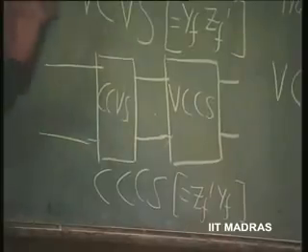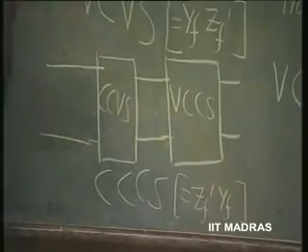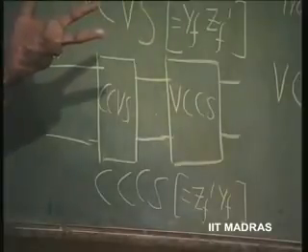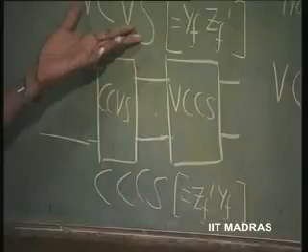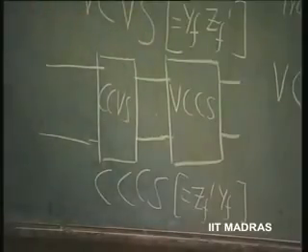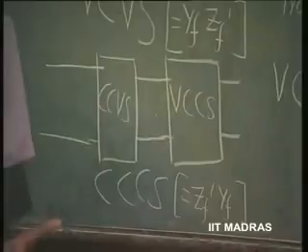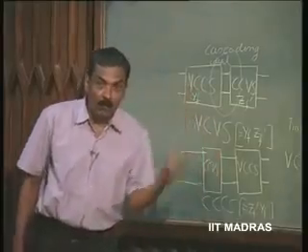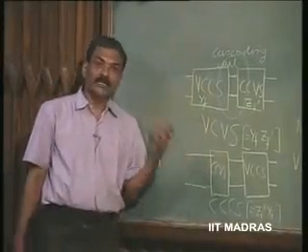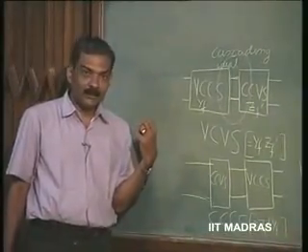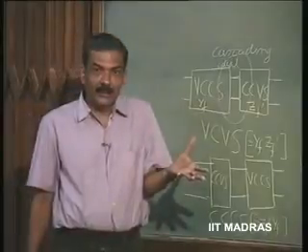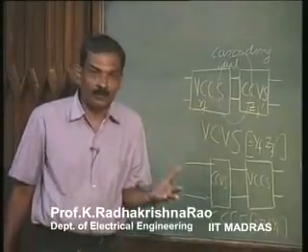So, one would say that it is enough if you have these two blocks realized, the other two blocks can be easily realized. Whereas, if you have only the other two blocks, these two blocks cannot be realized. So, these two are more basic than the other two, even though other two seem to be more popular. These two, if you try to realize, it is possible to realize all the 4 types of amplifiers.